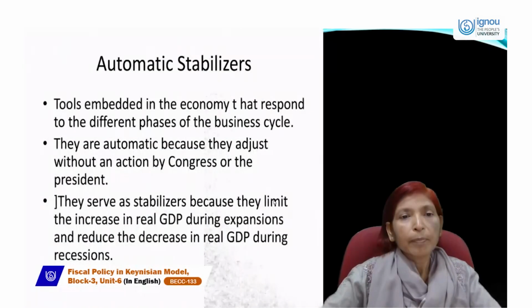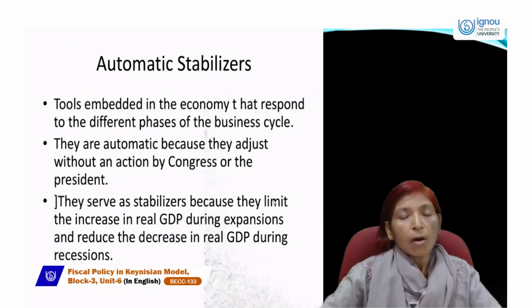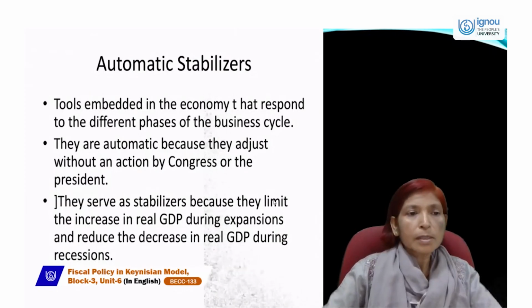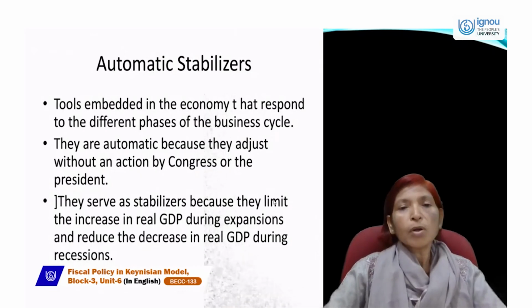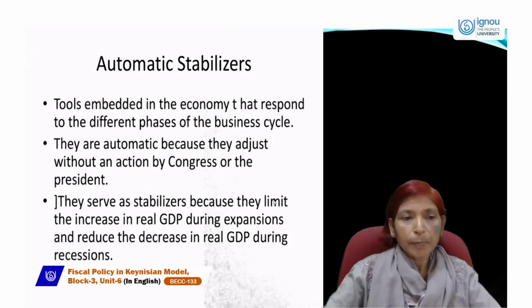Now next is automatic stabilizer. What is the meaning of this concept of automatic stabilizer? Automatic stabilizer means the tools embedded in the economy that respond to the different phases of the business cycles.